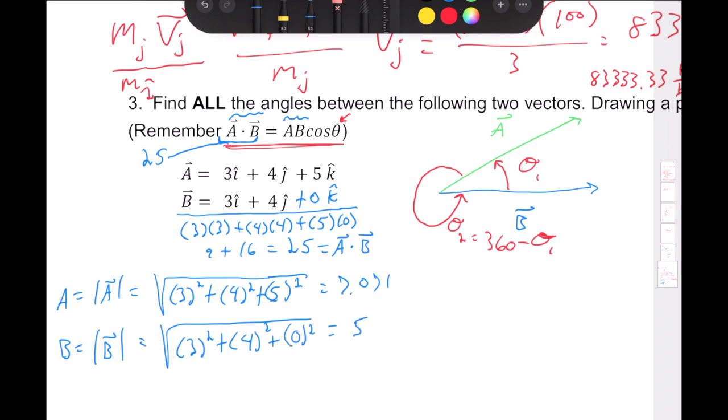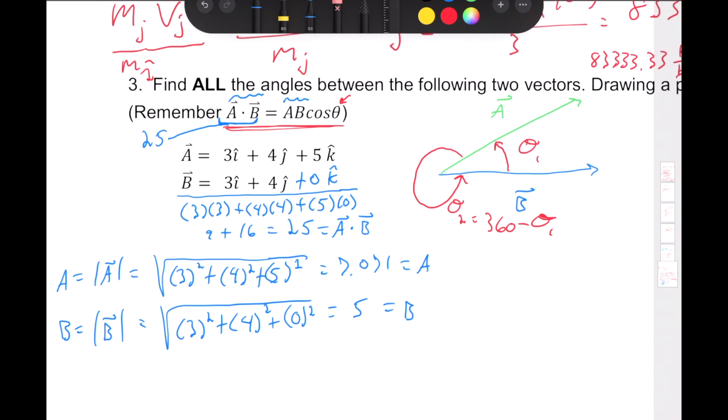That gives us 5, because that's the square root of 9 plus 16, which is 25. The square root of that is, of course, 5. As I double check myself. So that's the magnitude of A, and the magnitude of B. Okay, now we have everything we need, I argue.